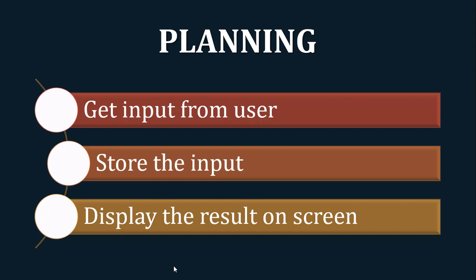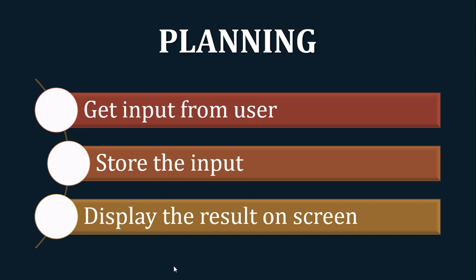We'll first get the input from the user by making a prompt box, and then when the user inputs the question, whatever query it wants the virtual assistant to answer, we'll store that input in a variable, and then the result will be displayed on the screen.